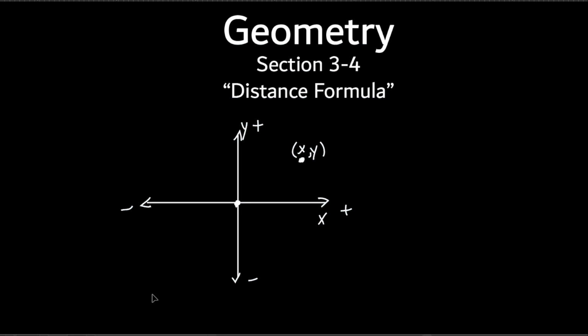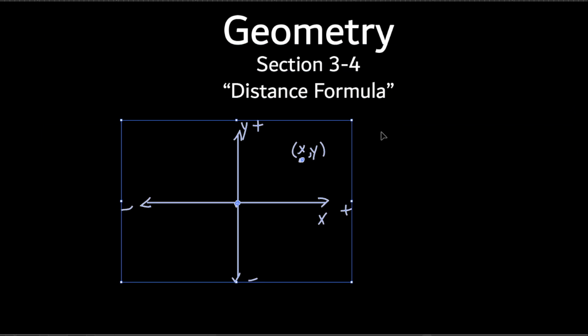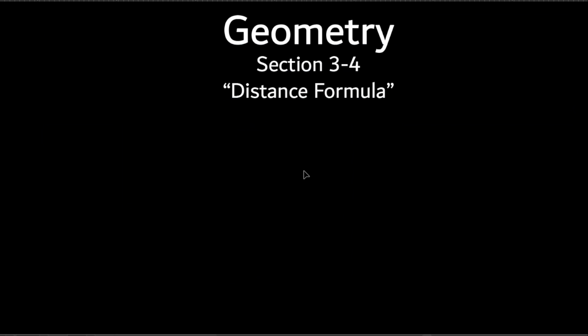So we're going to use some of that stuff that we talked about yesterday, and we are going to do some stuff with it. Let's do one more review thing, something that you probably did in Algebra 1, but we're going to review it, because I don't assume that you remember everything that you learned in Algebra 1, obviously.